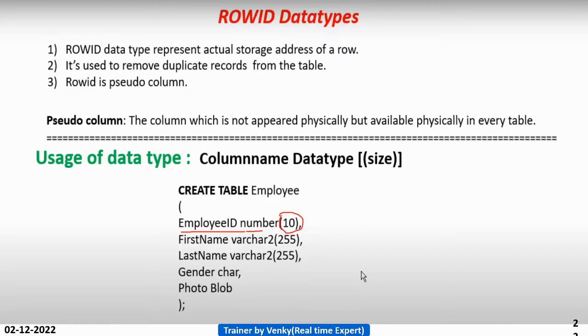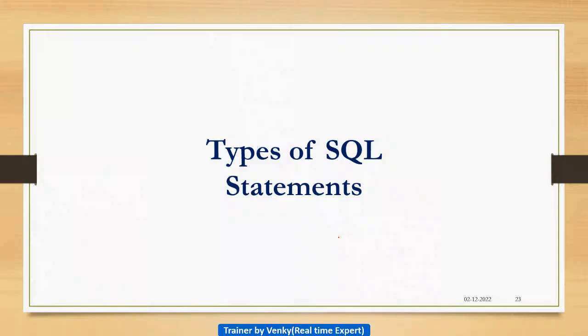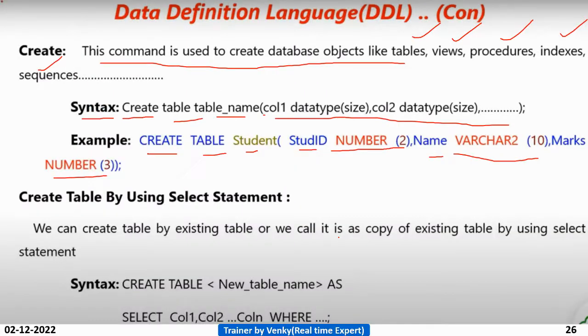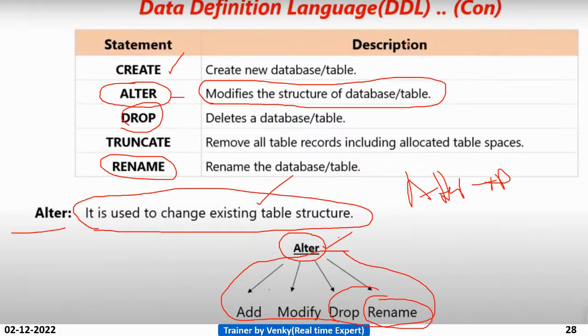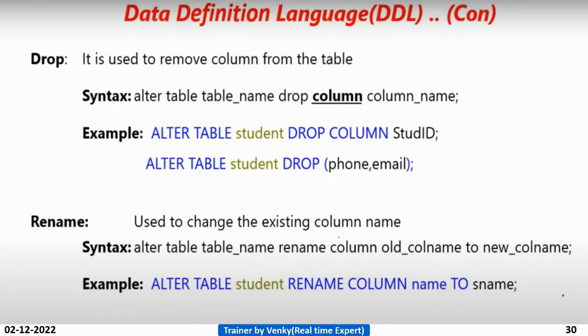Sometimes we never even declare the size, so it takes the maximum size. For names, varchar2(255), like that. It's not possible to have a first name of 250 bytes. So in real time we take the maximum size, and that's why you never need to change the data type size or the data type.